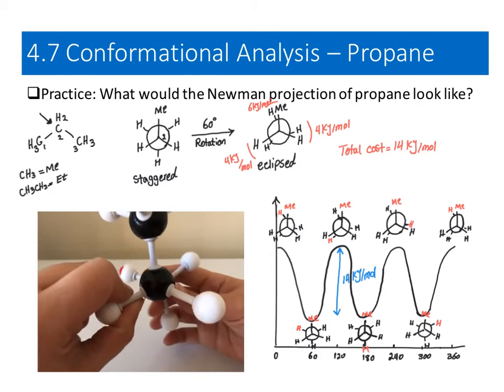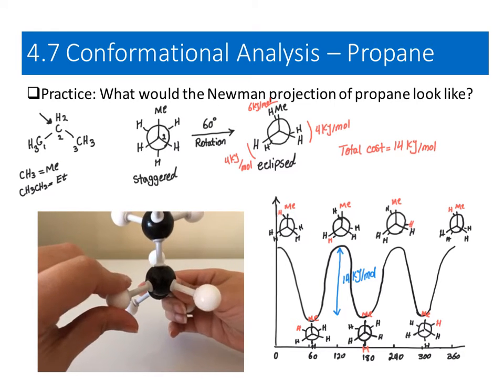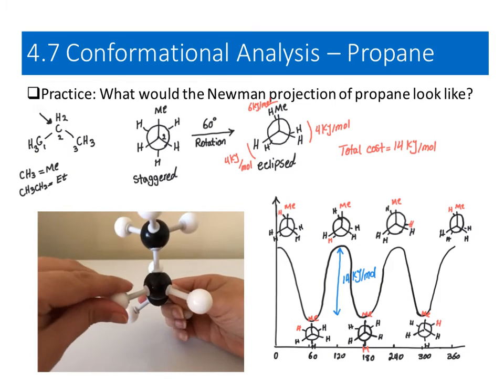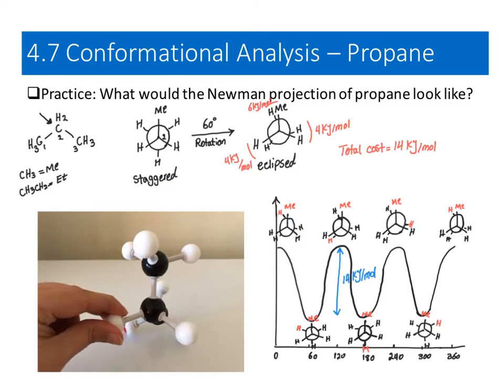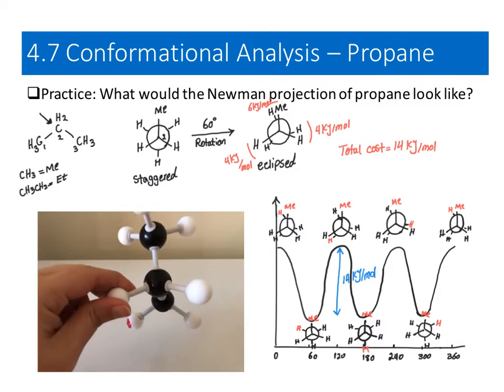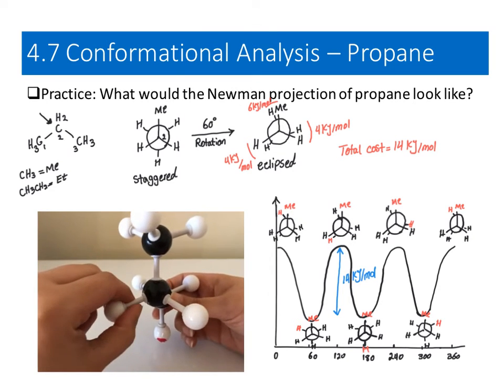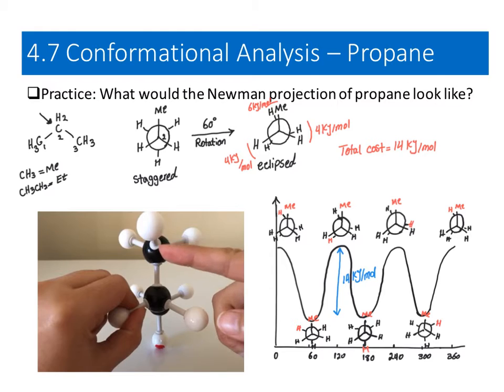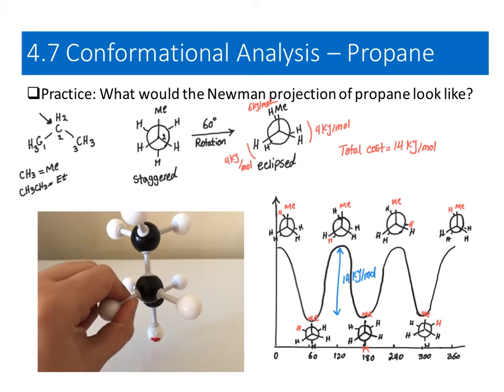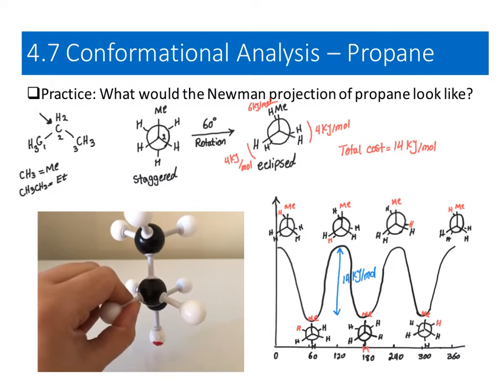Again, you can rotate that another 60 degrees, which gives you this conformation, which is drawn here. And you can also rotate that by another 60 degrees. So the methyl is to the top, the red hydrogen is right here. Now you can keep rotating the molecule to get back to your start point.